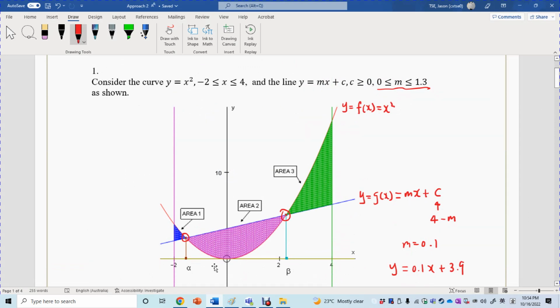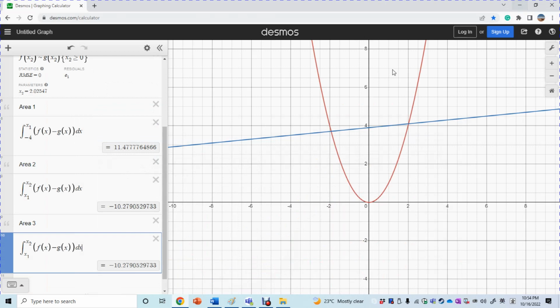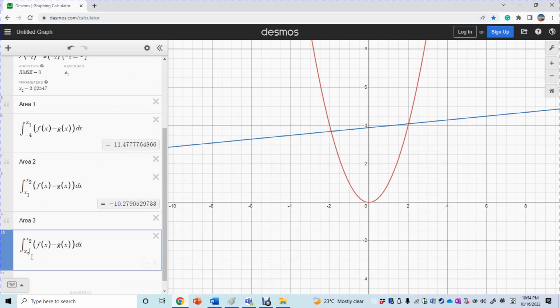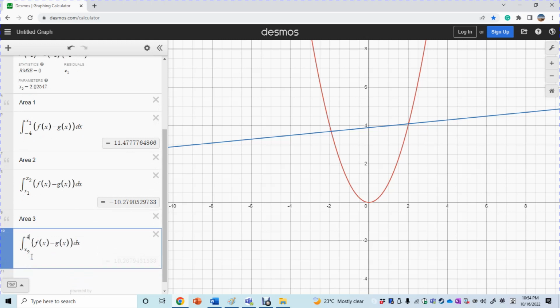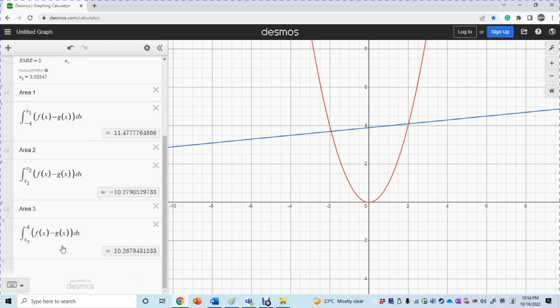Area number 2 is from alpha to beta. Area number 3, the green part, is beta to 4. Beta is x2, so let's make it x2 to 4.